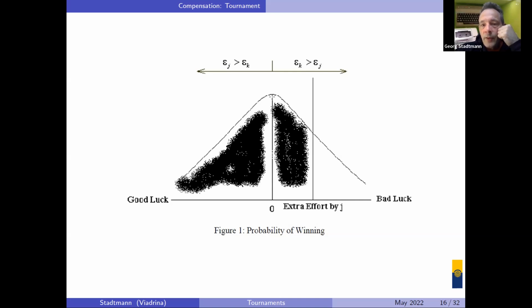So when the distribution has a low variance, it is the case that this density will be very high.